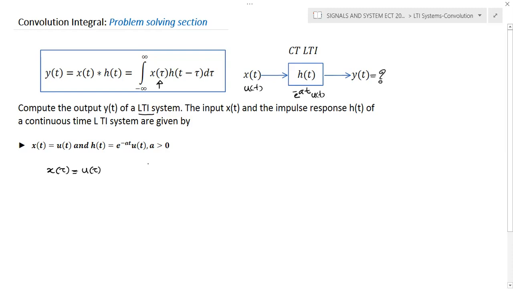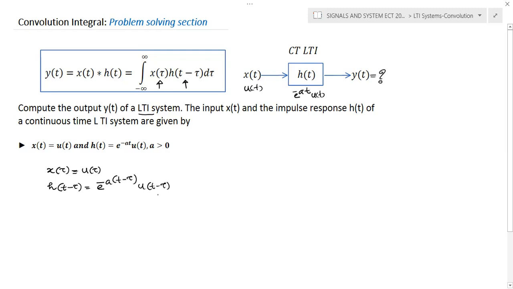Next, we require h of t minus tau. h of t is already given, but we require h of t minus tau, so we can replace t with t minus tau. So h of t minus tau will be e raised to minus a, and in place of t, you can substitute t minus tau, and in place of t, you can substitute t minus tau.